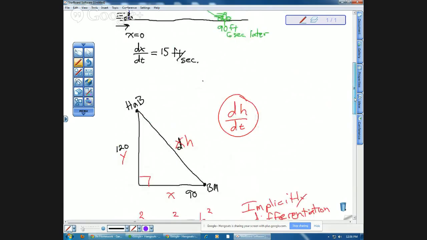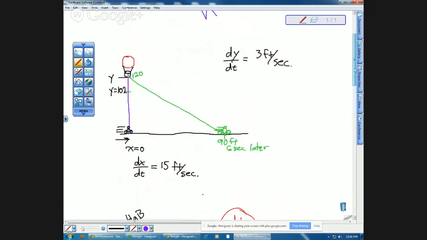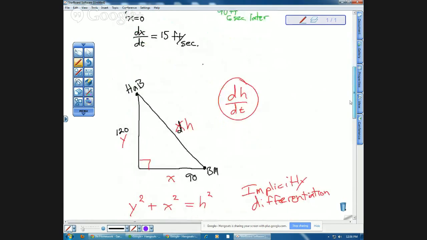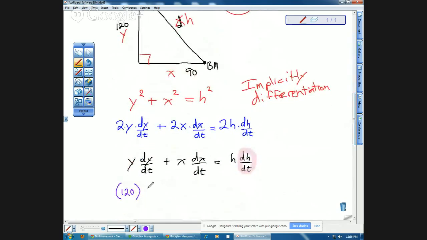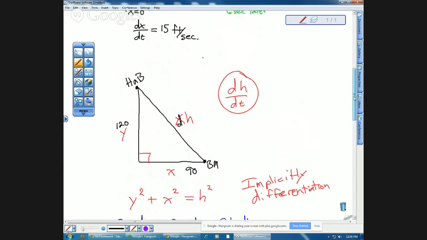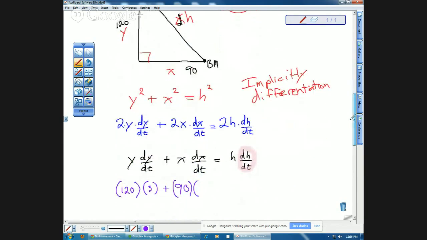I believe that was 3, right? So 120 times 3 plus x, at 6 seconds later the bike got 90 feet away from when it was below, times dx dt. How fast was the bicycle moving? 15, right? 15 feet per second. Beautiful.